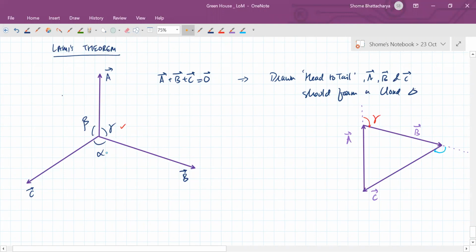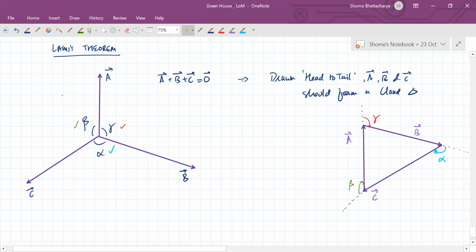So this one is alpha. And finally the angle between C and A. This is the direction of C extended. So the angle between C and A is this one here. So that is beta.